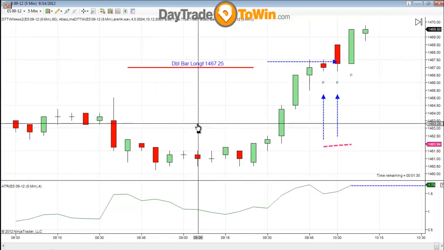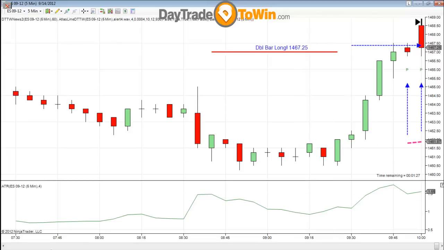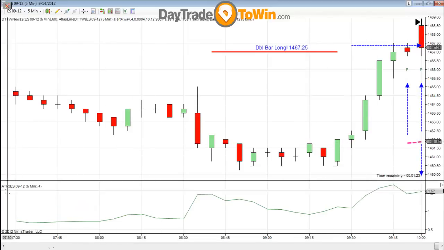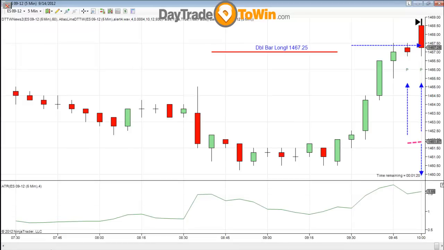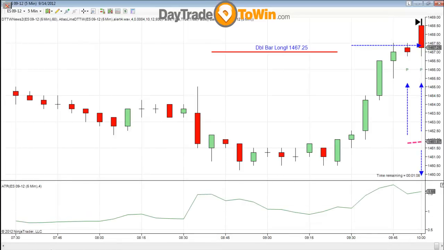I'm using price. So for example, at the time that this happened, 14.67, I looked straight down at this tool called the ATR, the average true range. If you haven't already taken a look at a few of the videos that I have out there explaining why I use this tool with a parameter of 4, I use the last 4 or 5 bars, it tells me that the next 4 bars should be able to give me 1.5 points of movement.